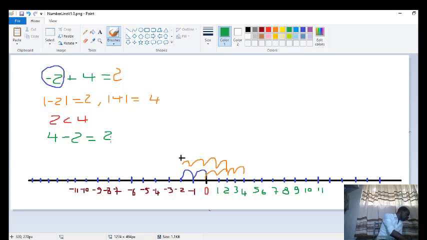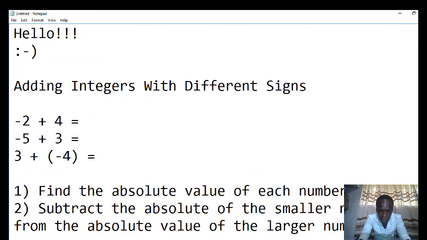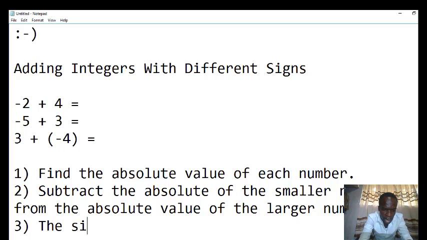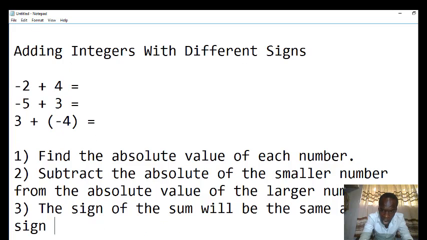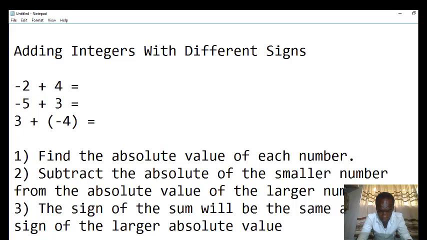And for the third step, we say that the sign of the sum will be the same as the sign of the larger absolute value.